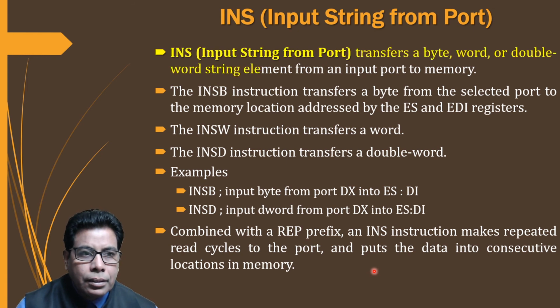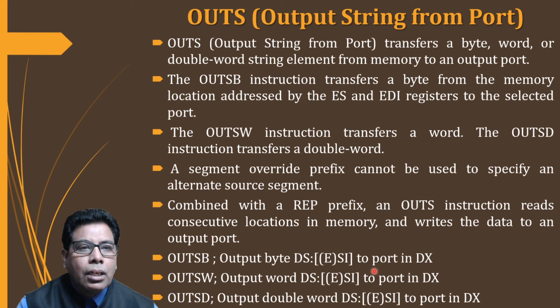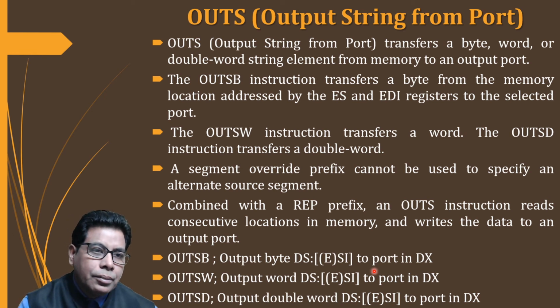Then let us go to the OUTS, that is output string to port. So this will transfer a byte, word or a double word string element from memory to an output port. So it is just the opposite of INS.